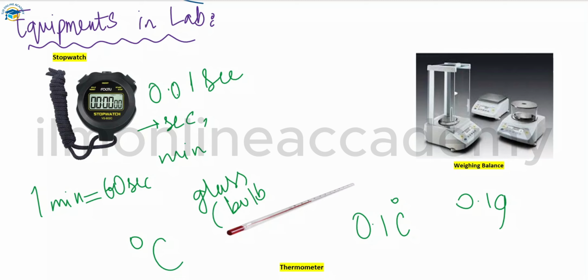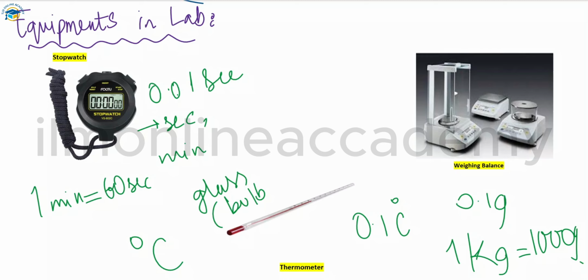The standard unit for mass is the kilogram, but in chemistry we mostly use grams. So 1 kg is equal to a total of 1000 grams. We have 1000 grams in 1 kilogram of any mass that we are measuring.